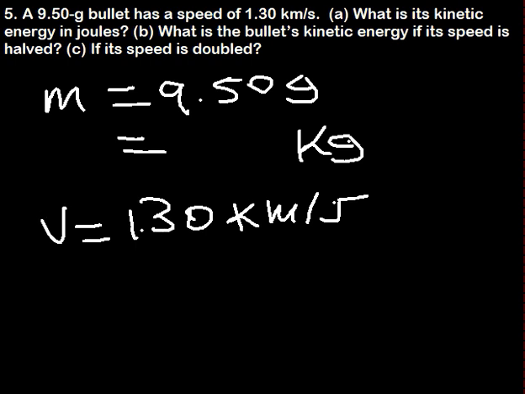Then what is its kinetic energy in joules? Then we use the formula for the kinetic energy to have the solution there. And question B says, what is the body's kinetic energy if its speed is halved?